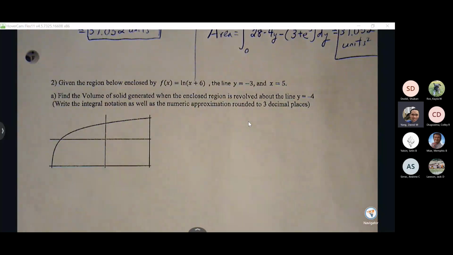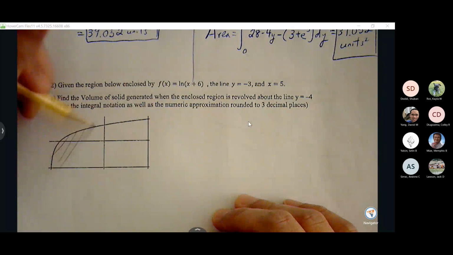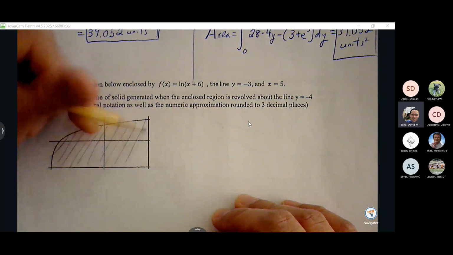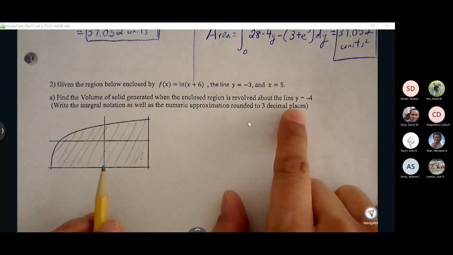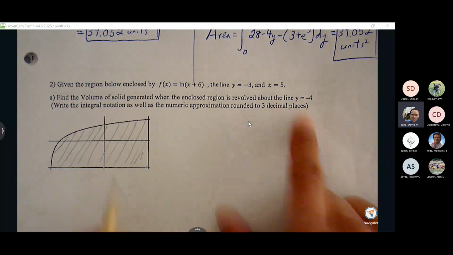Given the region enclosed by natural log of x plus 6, y equals -3, and x equals 5, find the volume generated when the enclosed region is revolved about the line y equals -4.